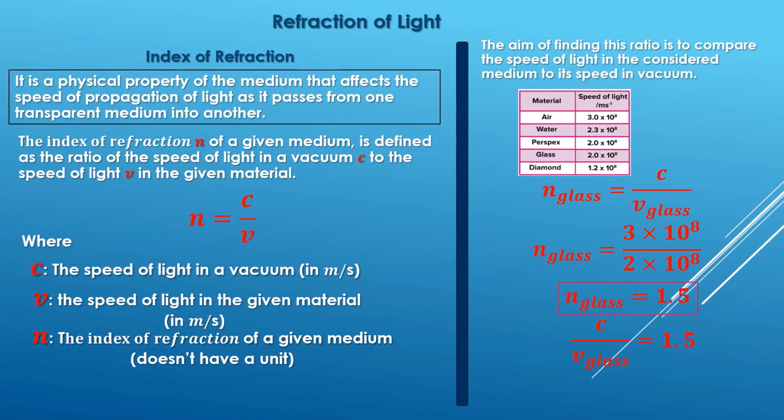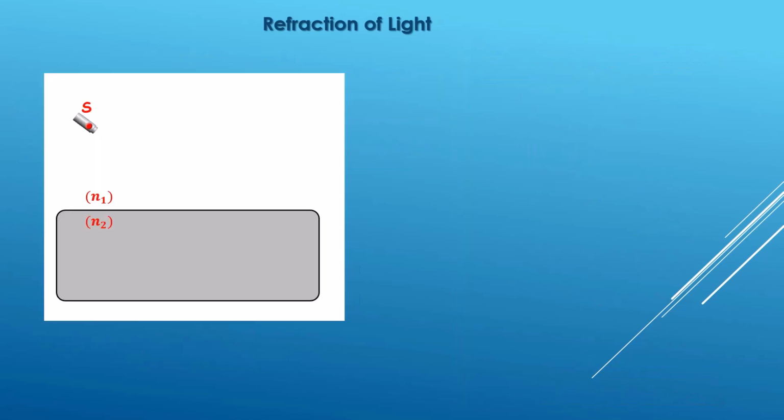Of course, this means that the ratio of the speeds of light is equal to 1.5. For example, we can say that light in vacuum is faster than in glass by 1.5 times, or the speed of light in vacuum is 1.5 times the speed of light in glass.